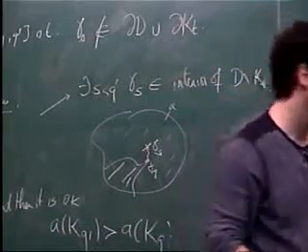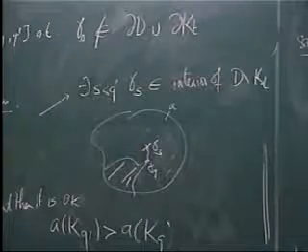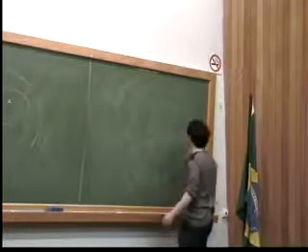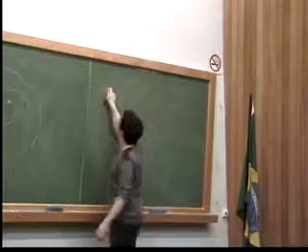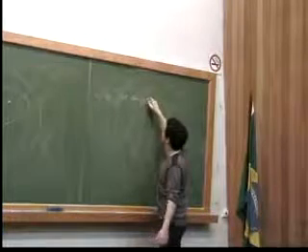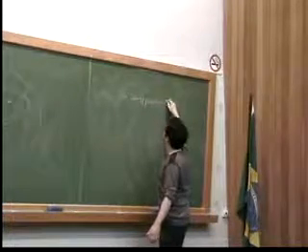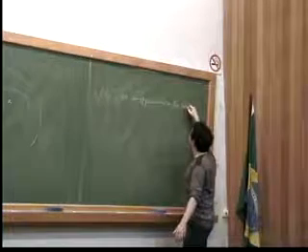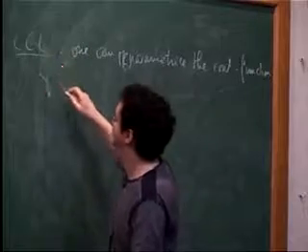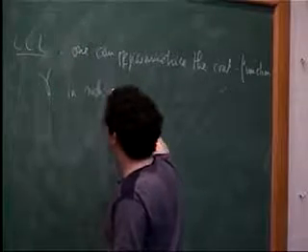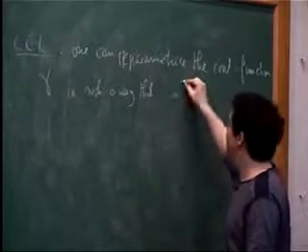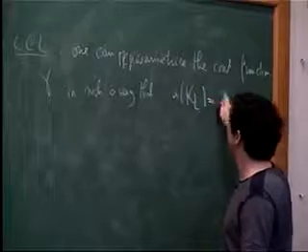Okay. So therefore, conclusion of all this, one can reparameterize the continuous function gamma in such a way that A of Kt is 2 times t.